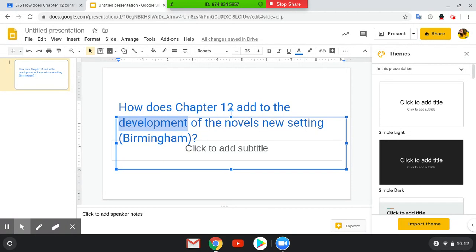I just put it in a little bit more challenging way. So all this question is asking you is how does the author develop or build the setting in chapter 12? And in order for an author to develop a setting, they have to be telling you about that setting because you can't actually see it, right? So they have to describe it to you and tell you what's going on.